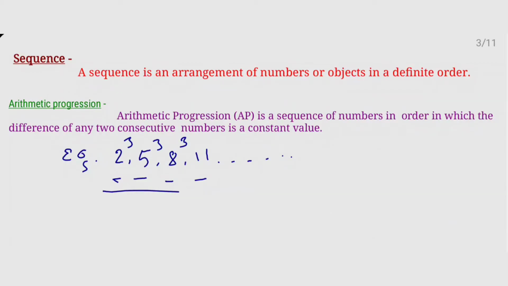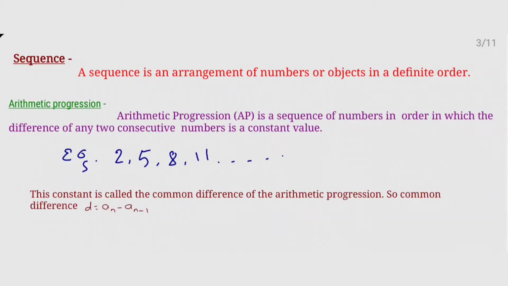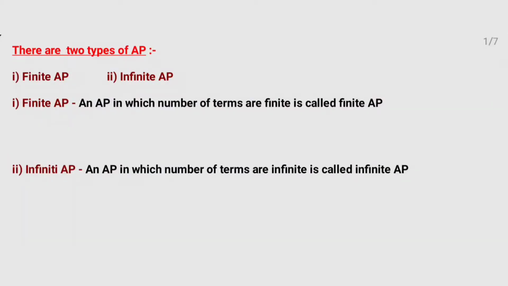Then such a sequence is called an AP, and this constant is called the common difference of the arithmetic progression, and the common difference is denoted by d. So d equals a n minus a n minus 1. Is it clear?